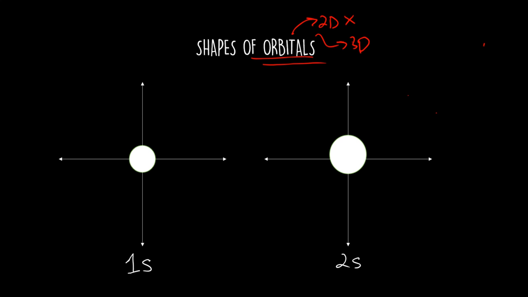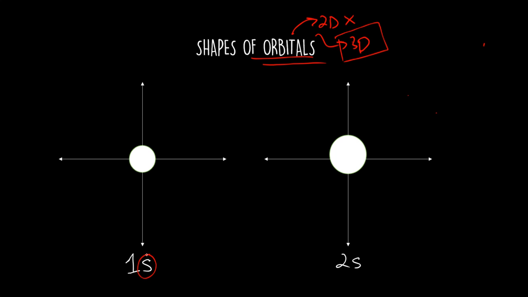So feel free to search the uncertainty principle on Google or maybe YouTube it, and you can find more on it. So we say orbitals are these 3D shapes, and we can't say for sure, but the probability of finding an electron within these shapes is maximum.